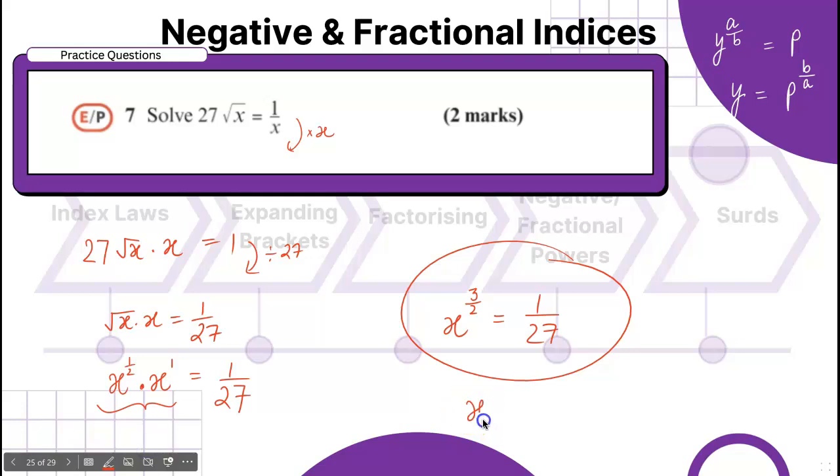So we're going to be writing x is equal to 1 over 27 to the power 2/3, right? 3 halves, we just flipped it, see? Okay. This is a simple question now. 1 cubed, half, anything, it would be 1 only. So it's 27 to the power 2/3.